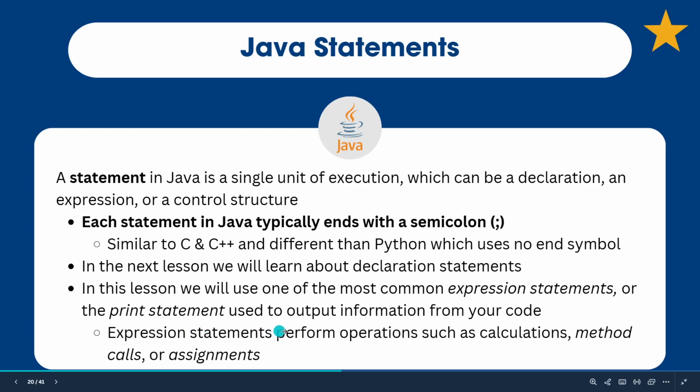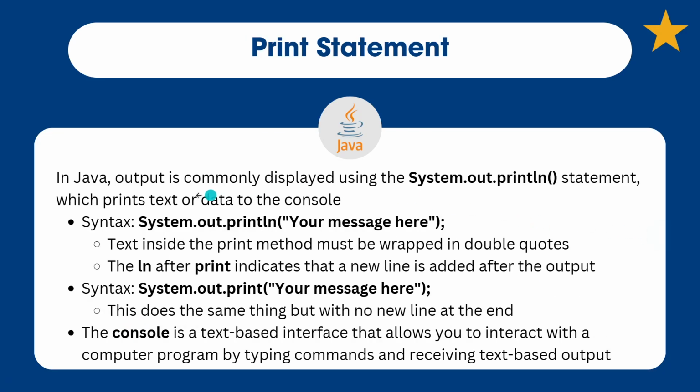So yeah, expression statements perform operations such as calculations, method calls, or assignments, things that we'll discuss later in the class. So don't feel like you need to follow every single thing on this slide. Just know, end in semicolon, every statement, and the most important, the most fundamental statement in any programming language is the print statement. So in Java, output is commonly displayed using the print statement, which is kind of funky.